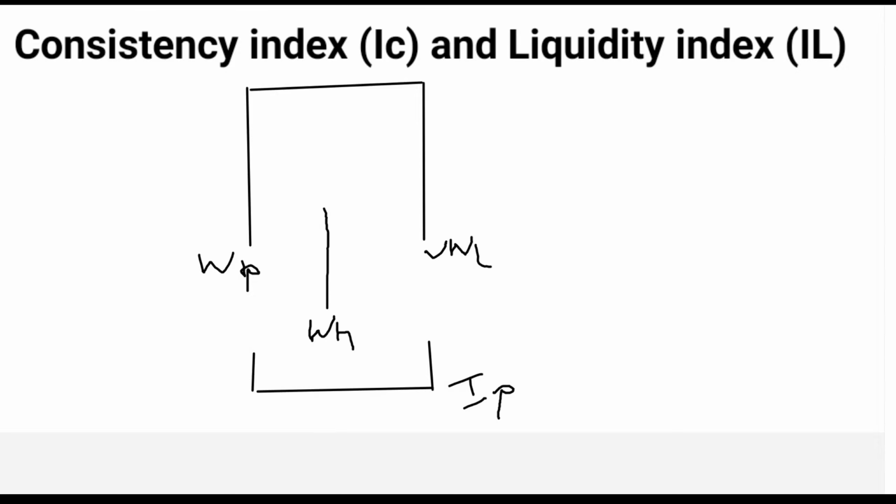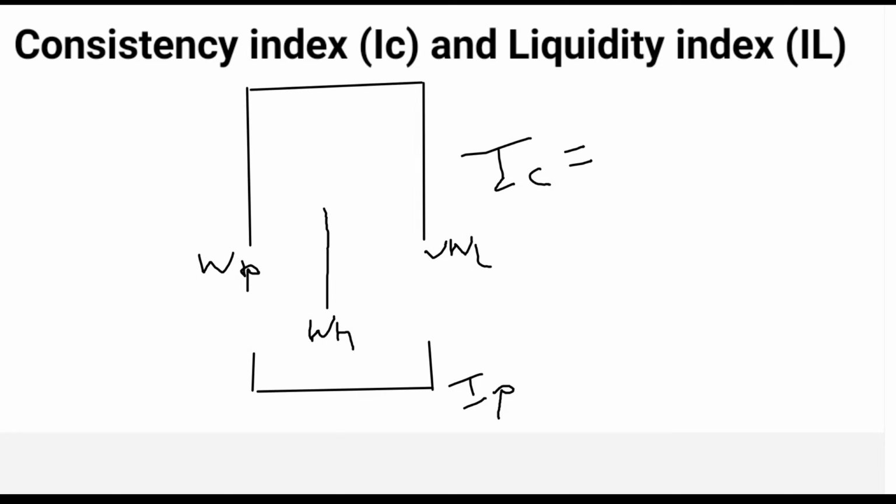So guys, from this chart I'm going to discuss the consistency index and the liquidity index. First IC. IC is the consistency index, the relative consistency. Consistency means changing the water content, am I right? What is changing the water content?